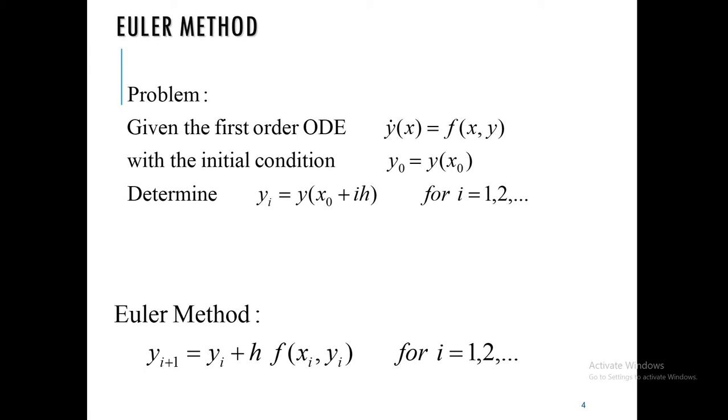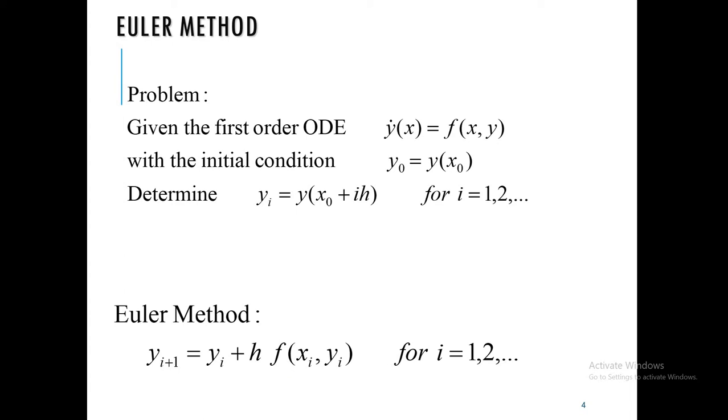When i is 0, this becomes y_(0+1), which is y1, equal to y0, the initial condition, plus h times f of x0, y0. So you substitute the initial conditions into the differential equation here. Then you multiply by the step size, and this will be the y at the initial condition.